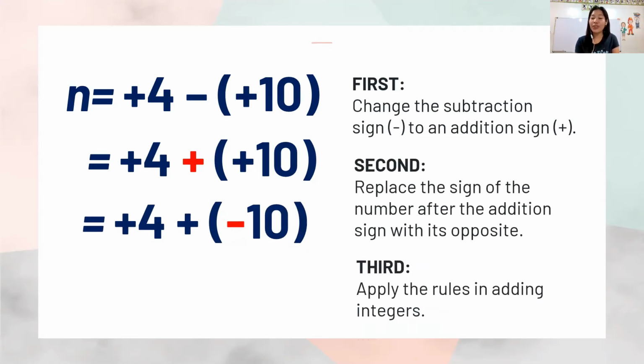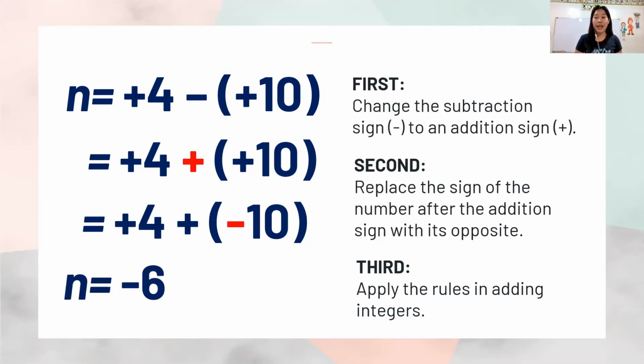Third, apply the rules in adding integers. Positive plus negative is what? It depends on which number is bigger. In this example, the negative signed number is bigger than the positive signed number because 10 is bigger than 4, right? So the answer should be in negative form. Negative 6.